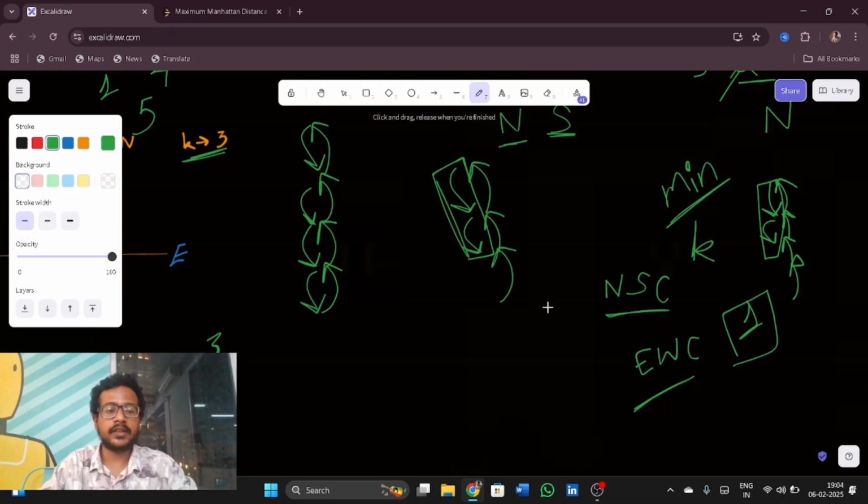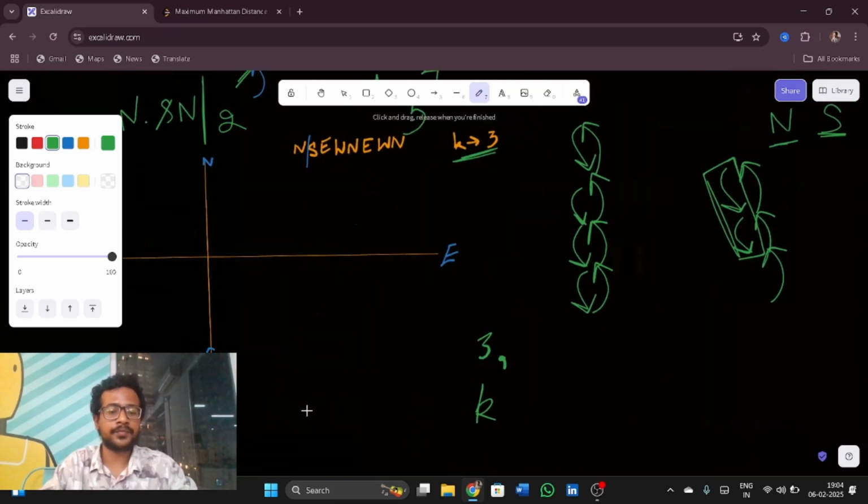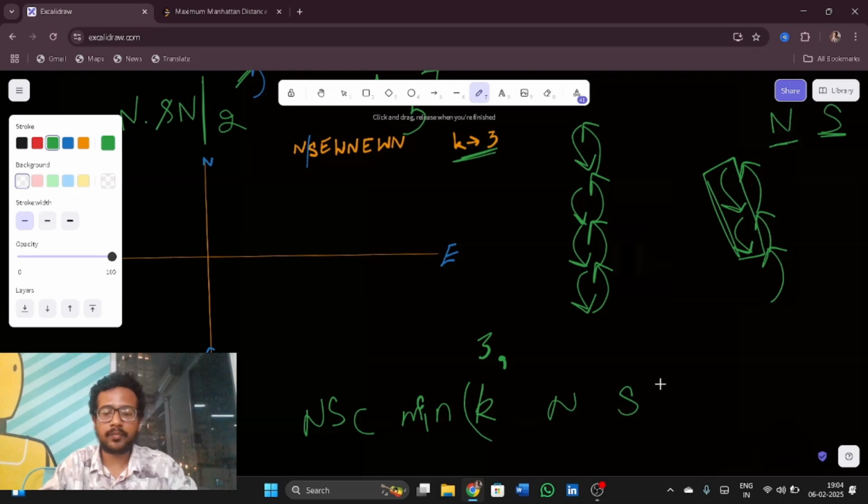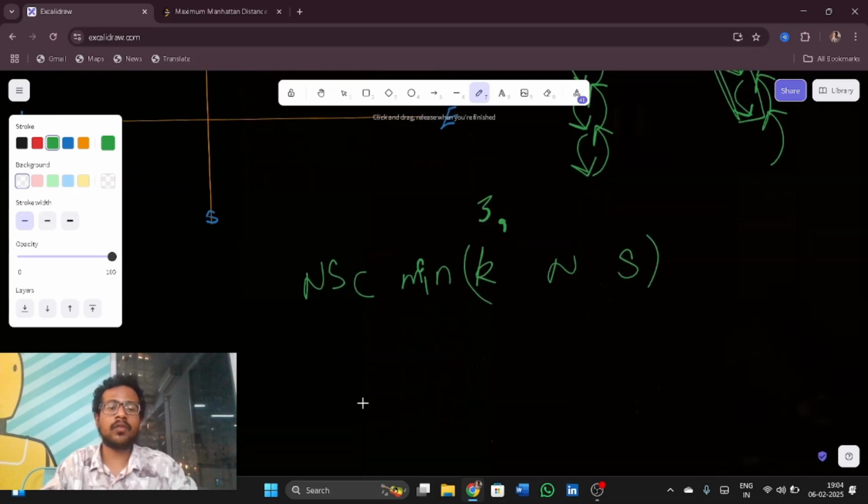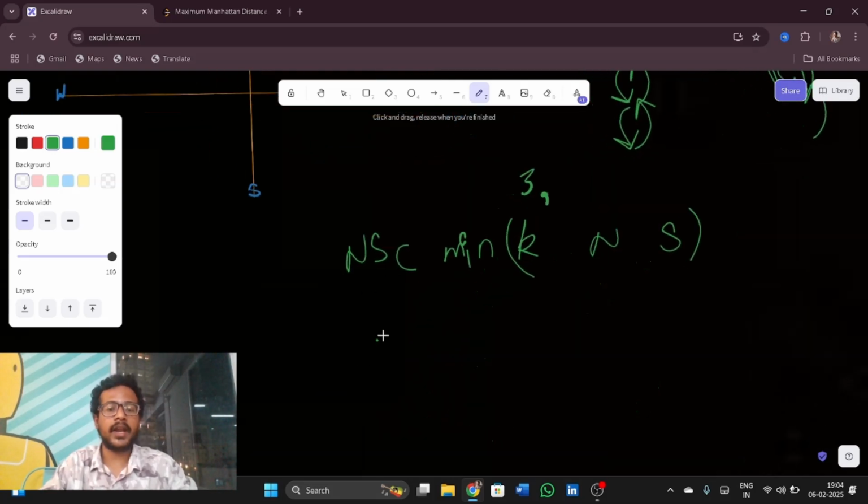That's why the remaining k. So my north south changes will be the minimum of k, the number of times I got north and the number of times I got south, the minimum from these three.